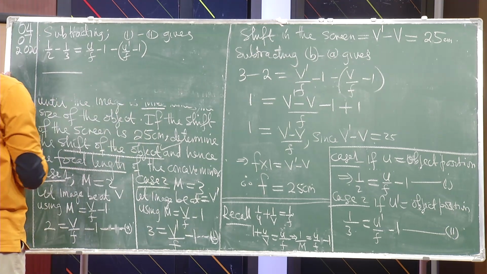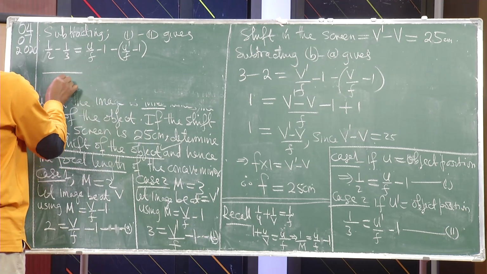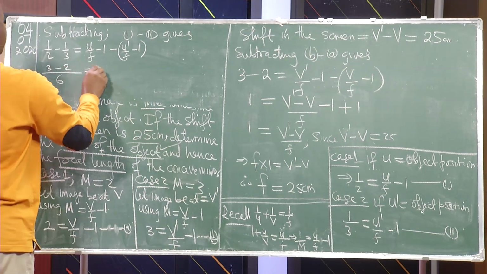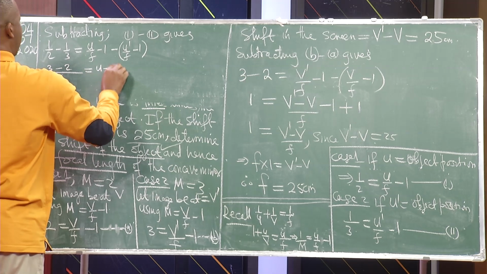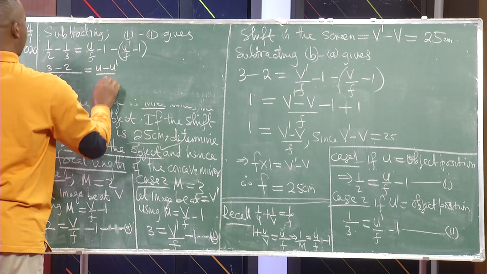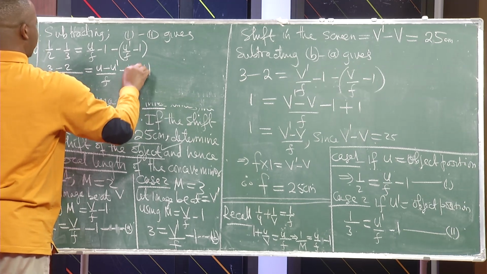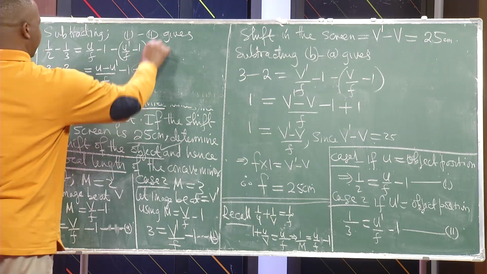If we take the LCM here, we shall have 6, and we shall have 3 minus 2 being equal to u minus u prime over f minus 1 minus minus 1, for purposes of showing the working.